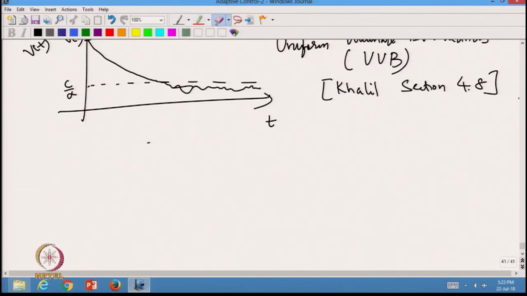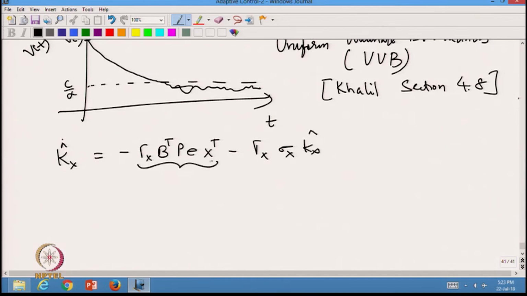So if we look at the adaptive law for k x hat and k r hat, we find that there is a small issue with these laws, and there is scope for further improvement. Okay, so as I said, this is the real adaptation term, right.